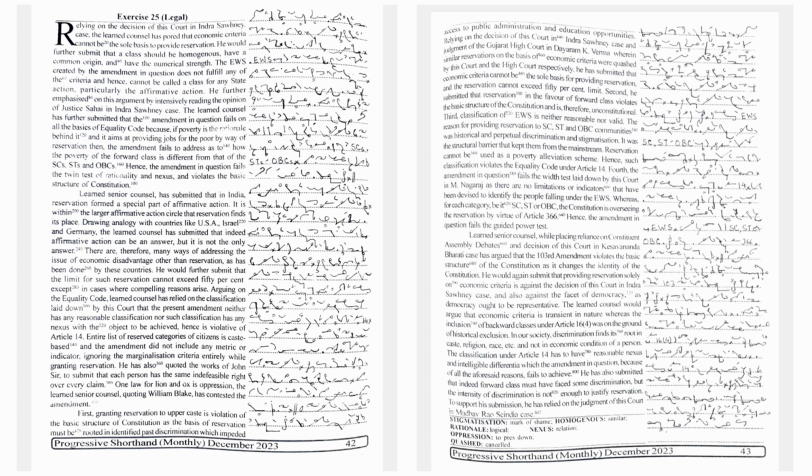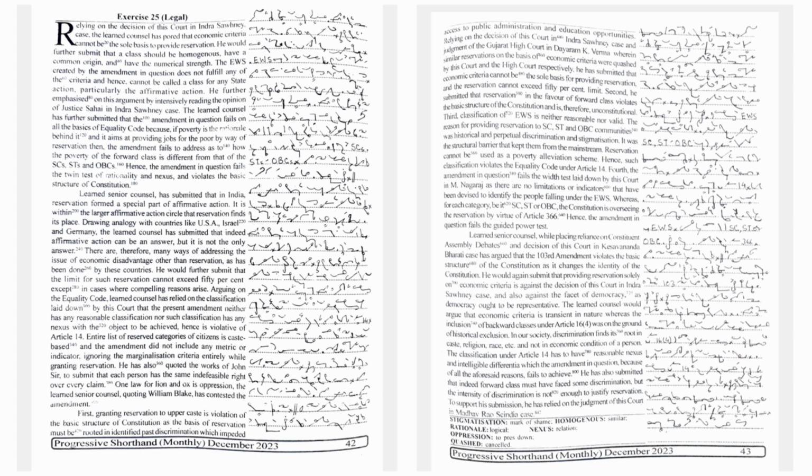He has also quoted the works of John Searle to submit that each person has the same indefeasible right over every claim. One law for lion and ox is oppression, the learned senior counsel, quoting William Blake, has contested the amendment.